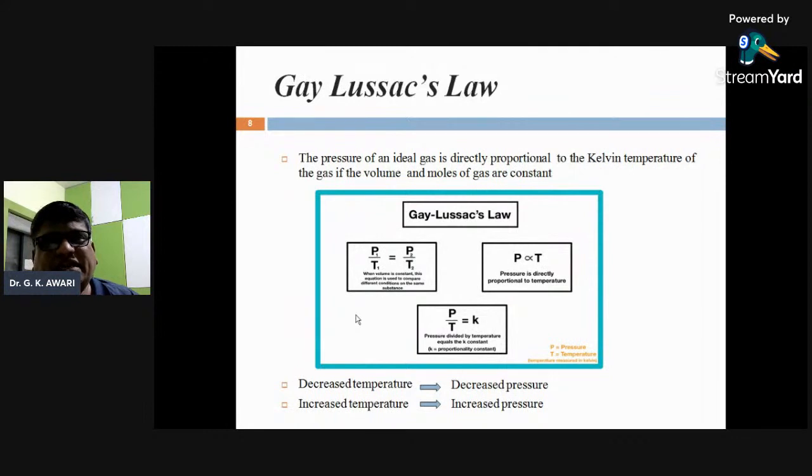Then the Gay-Lussac law: the pressure of an ideal gas is directly proportional to the Kelvin temperature of the gas if the volume and moles of the gas are constant. As per this law, P1 by T1 is equal to P2 by T2. When volume is constant, this equation is used to compare different conditions of the same substance, which means pressure is proportional to temperature.